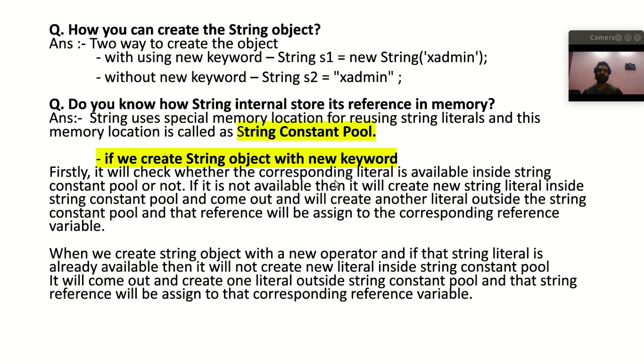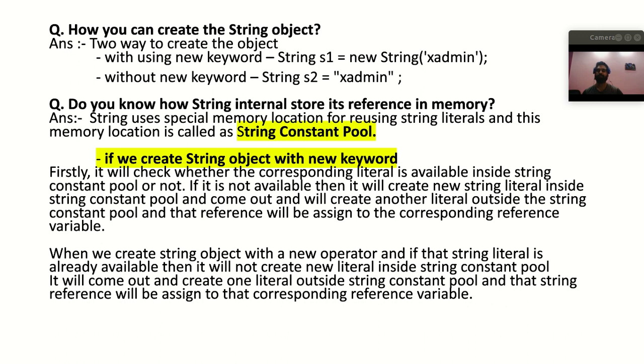If it is not available, it will create a new string literal inside the string constant pool, and then it will come out and create one more literal inside the heap memory, and the reference will be assigned to the reference variable which is created outside the string constant pool.